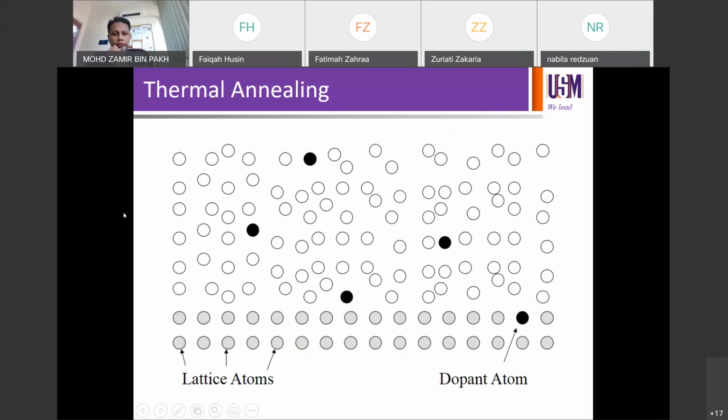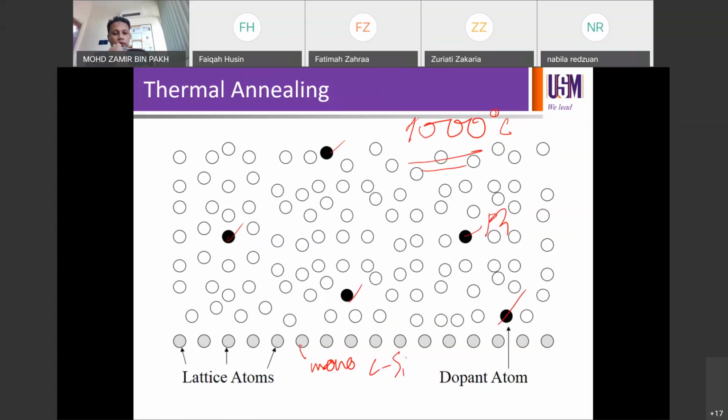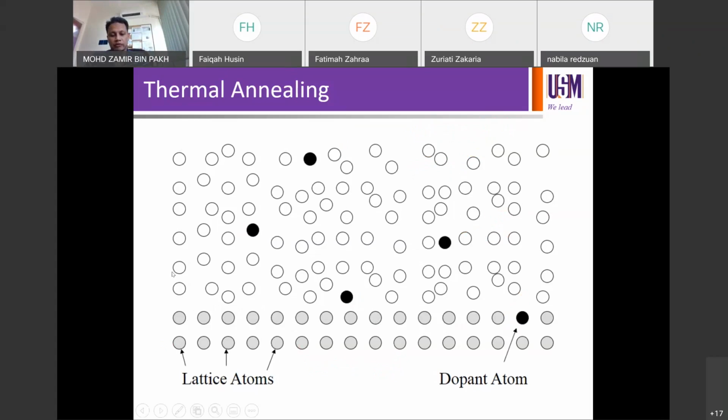Right, so it improved a little bit in terms of the crystalline arrangement. If you look at the lattice atoms of your monocrystalline, instead of only a single row, you can see the next row coming in, which shows that the defects are being perfected.